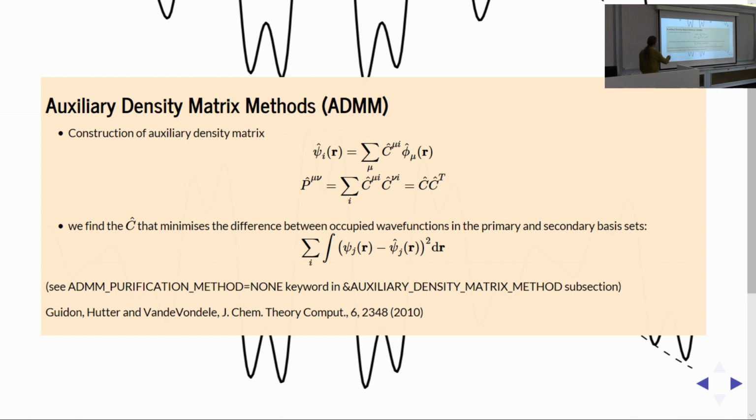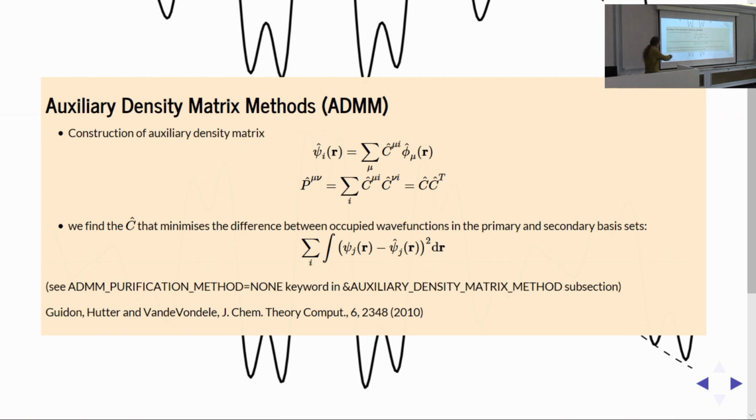And we solve for these coefficients so that the squared difference between the real Kohn-Sham orbital and the auxiliary Kohn-Sham orbital is as small as possible. So we just find the best set of these that look most like the original basis functions. And if we make these flexible enough, we're able to make this fairly small.